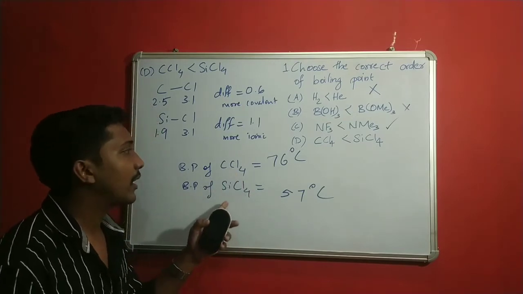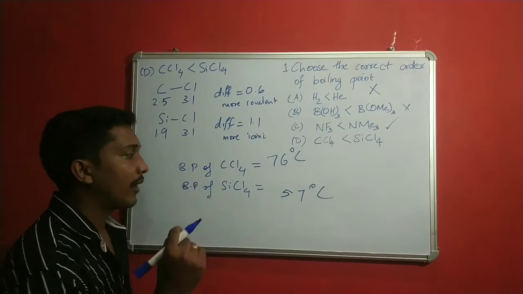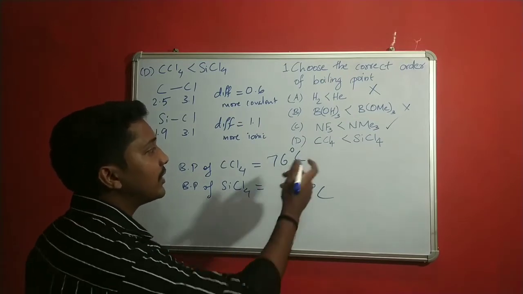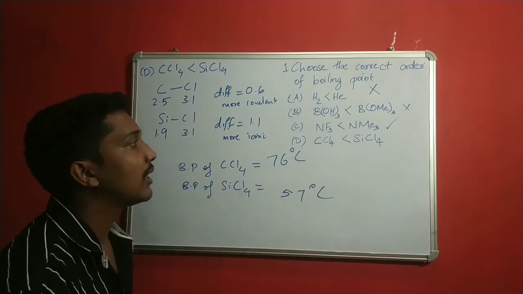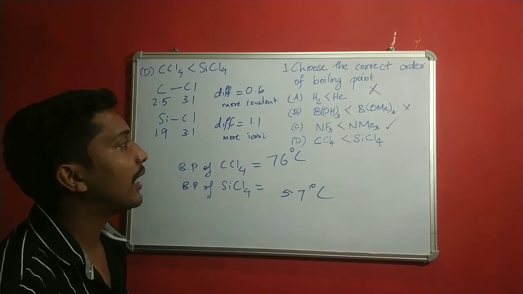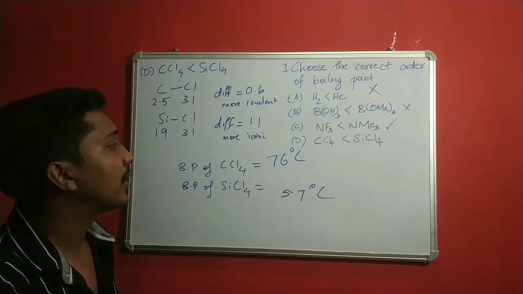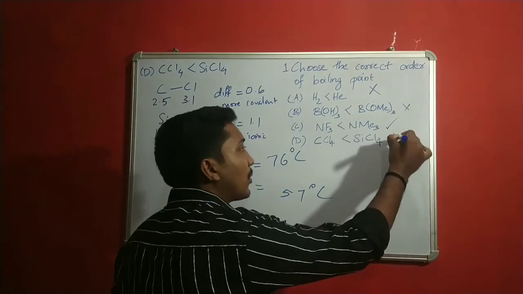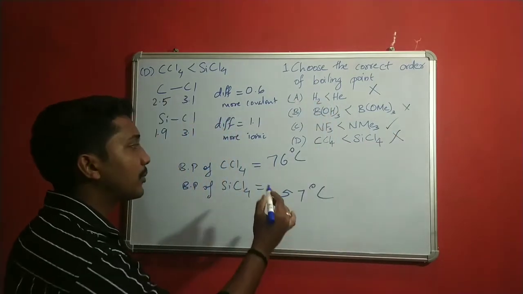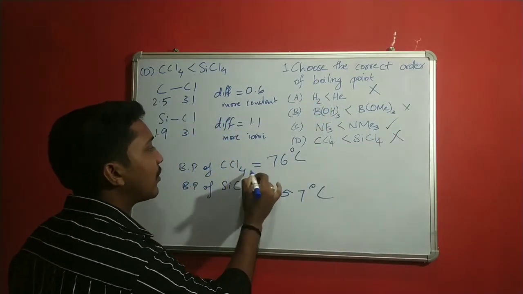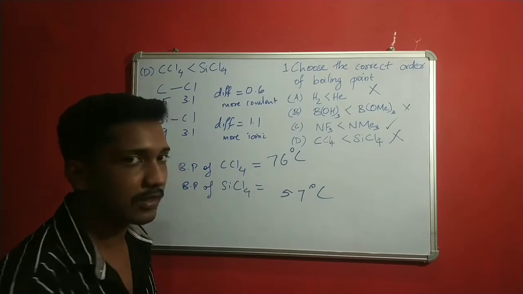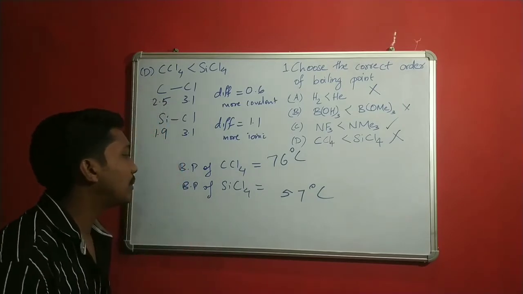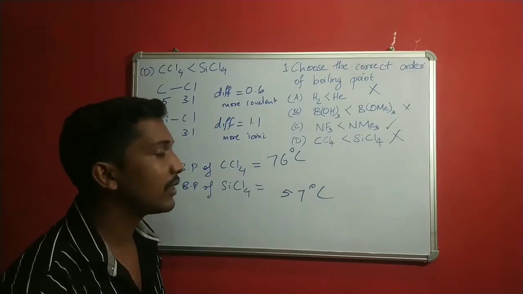So this question has one exceptional option, which is CCl4 has less boiling point than SiCl4. That is also wrong, because the observed value for CCl4 is 76 degrees Celsius and the observed value for SiCl4 is 57 degrees Celsius.